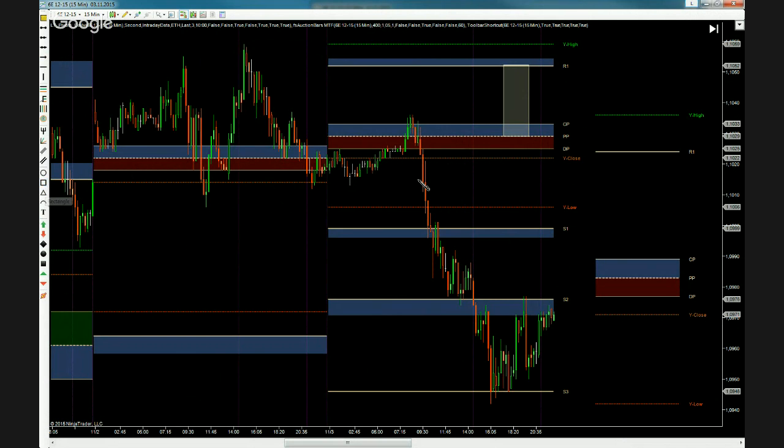For the first support level, we take the distance from yesterday's high to today's pivot. You place that below the pivot, and there you have the first support level. So a very simple way of establishing support and resistance levels, taking into account where the pivot is in relation to the high and low points of yesterday.